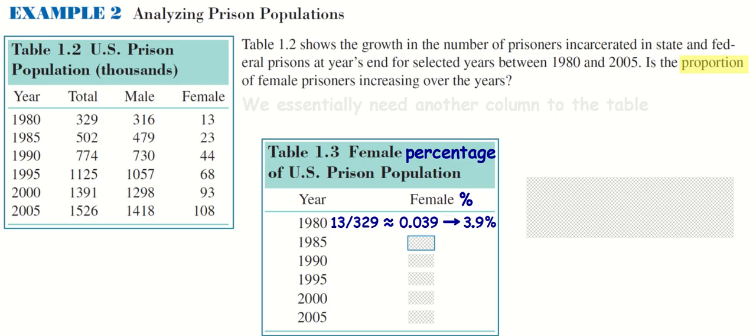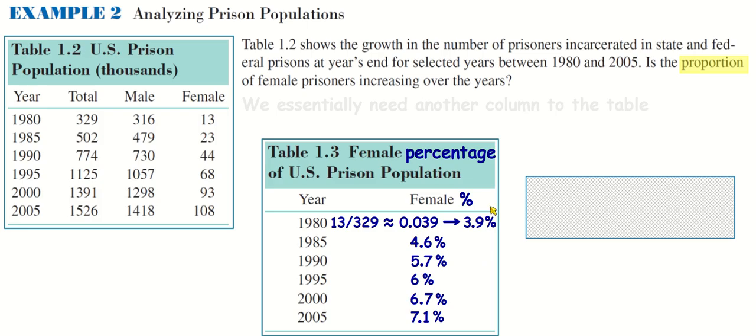Hopefully, that's not making your head spin with how long ago the last time you did this kind of percent calculation was. The rest of these, in 1985, 23,000 out of 502,000 ends up being 4.6%. In 1990, the 44,000 out of that total, 5.7% was females. Yada, yada, yada.